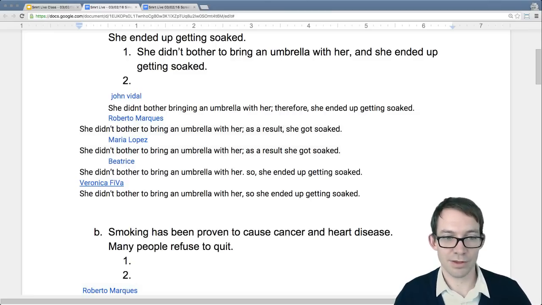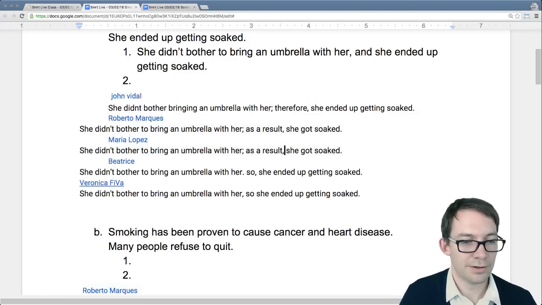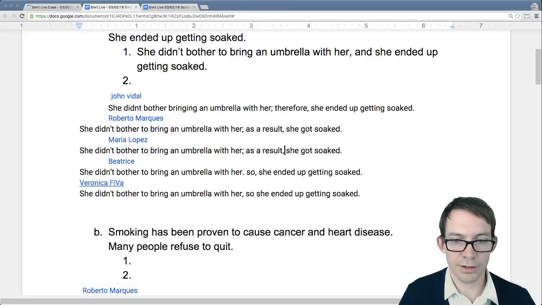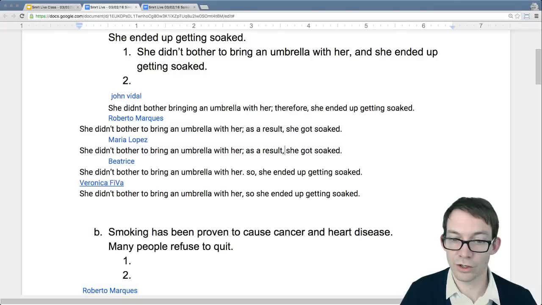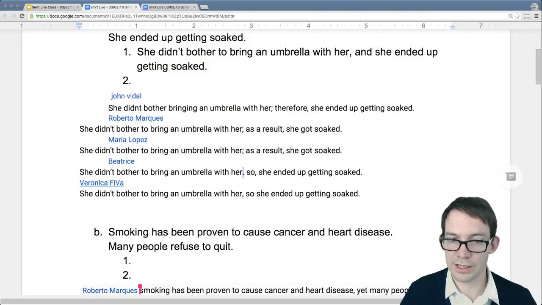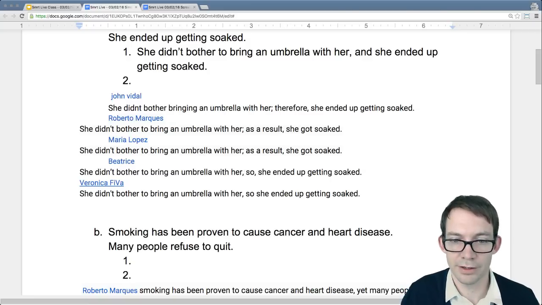Maria, I'd say the same thing. This is good here. I would just add a comma. Great. She didn't bother to bring an umbrella with her, so she ended up getting soaked, from Beatrice. Good. Just make sure that you're taking that period away and making a comma there, and take that comma after so away.